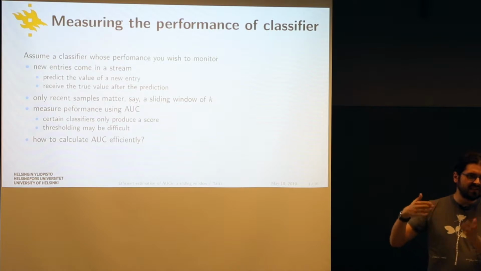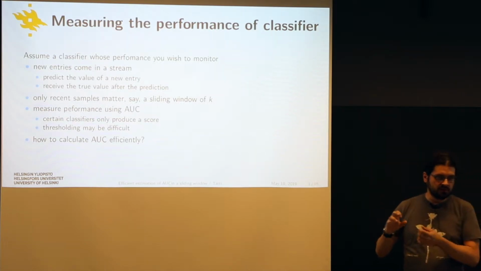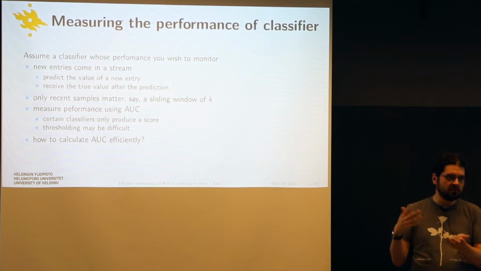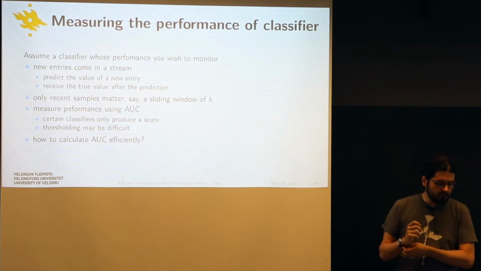So essentially it doesn't give you a decision; it just gives you a score. For example, logistic regression is one of these types of classifiers, and neural networks also do that.